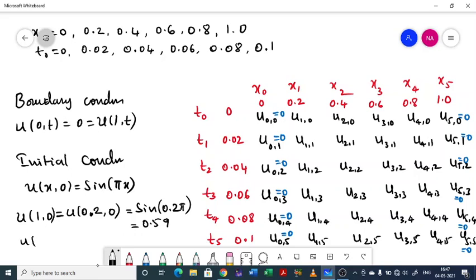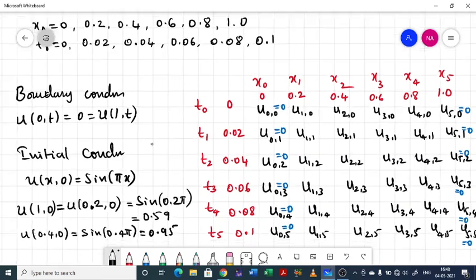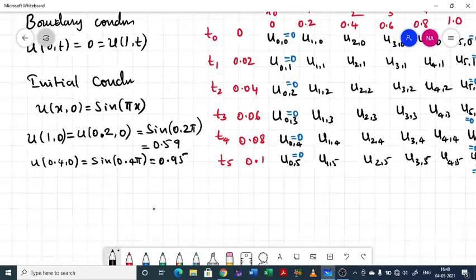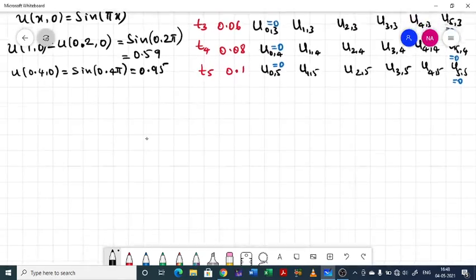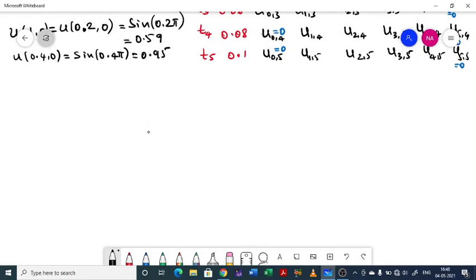Next, u of 0.4, 0. That will be sine of 2 pi by 5 or sine of 0.4 into pi. So it will be 0.95. Similarly, we need to compute other values. You have to keep giving the values of x.